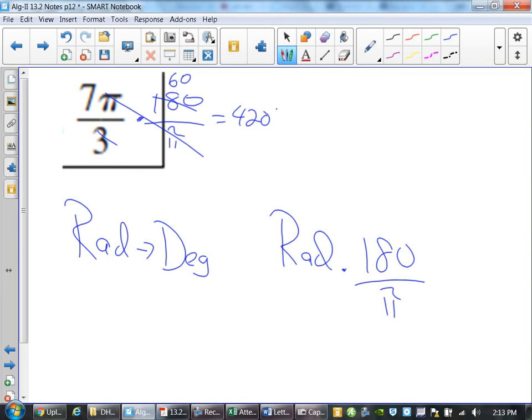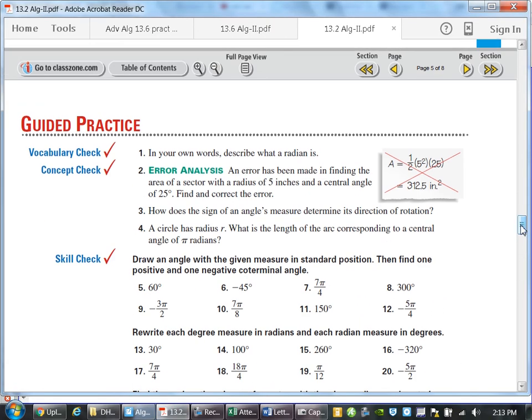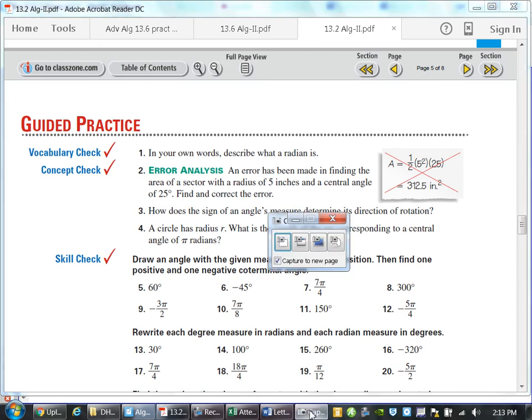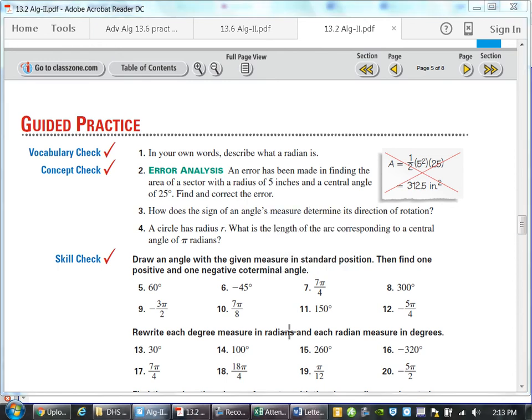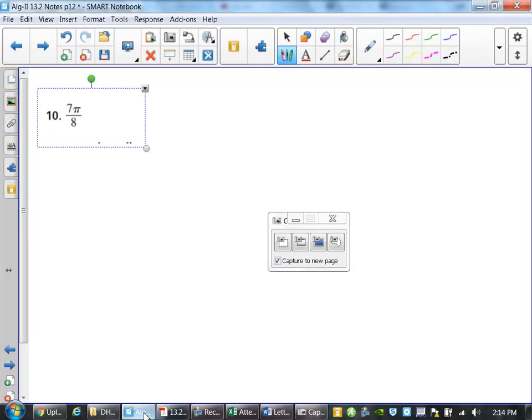Okay. It's just conversion. And again, the idea here is that you guys freak out. If I want to take 7 pi over 8 and convert that to degrees, again, multiply it by 180 and divide it by pi.